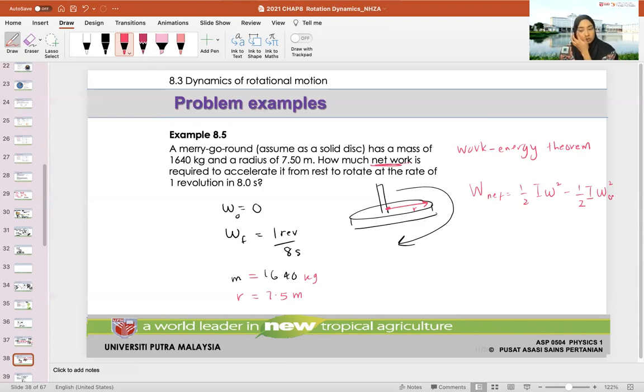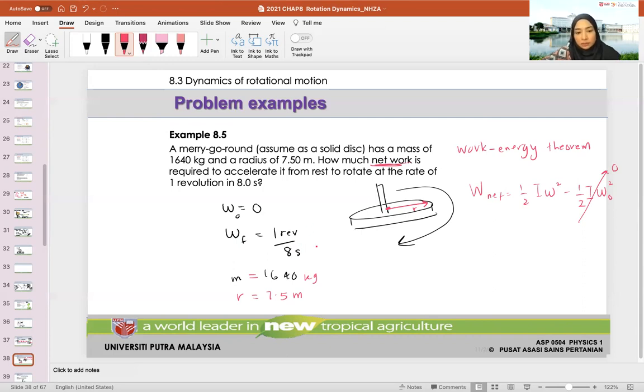Omega initial, yes, correct. So here we have our omega naught, which is 0. So yay over here. But our omega final is in revolution over 8 seconds.